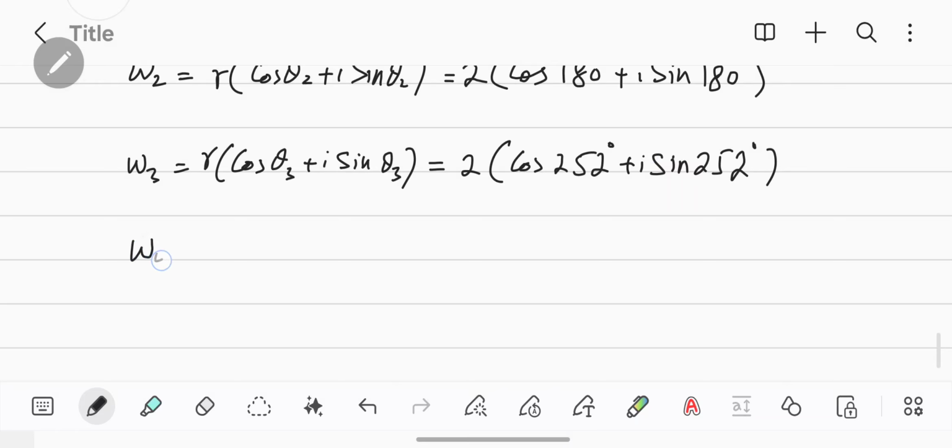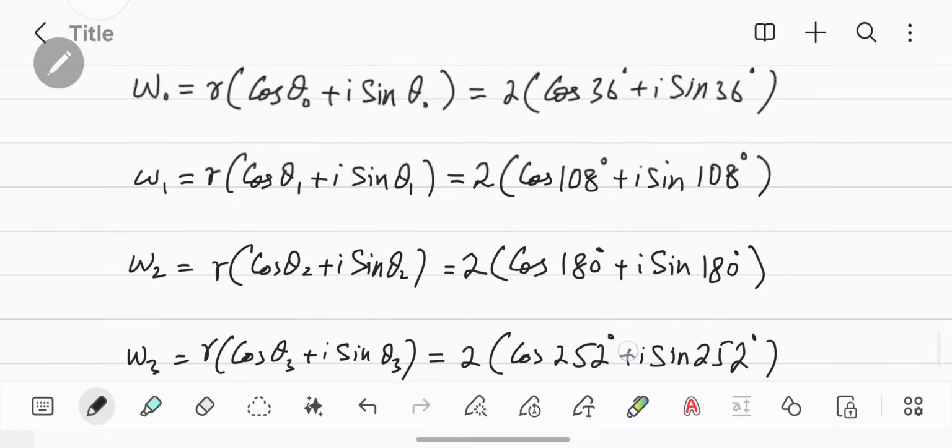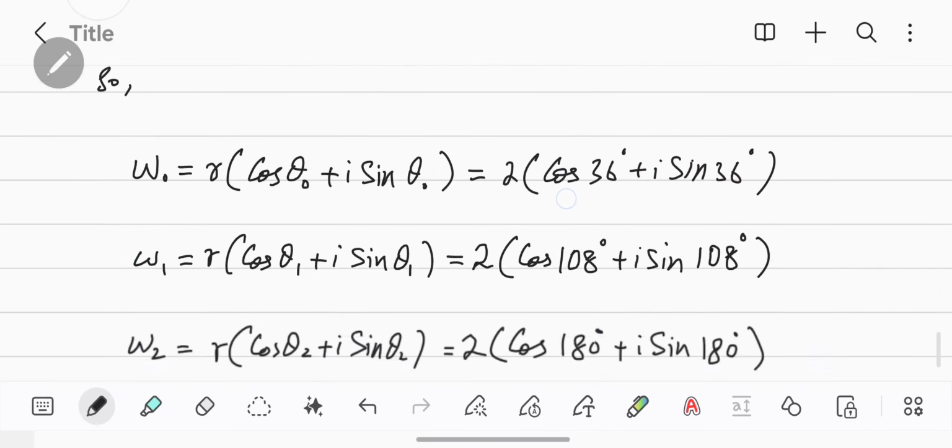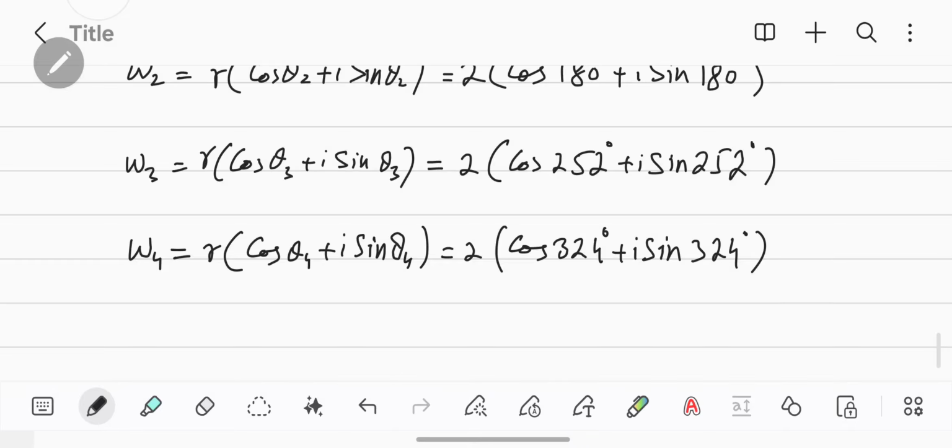Now the last one is W4, r cosine of theta 4 plus i sine of theta 4, which is equal to 2 times cosine of 324 degrees plus i sine of 324 degrees. So this is how we find the fifth root of a complex number.